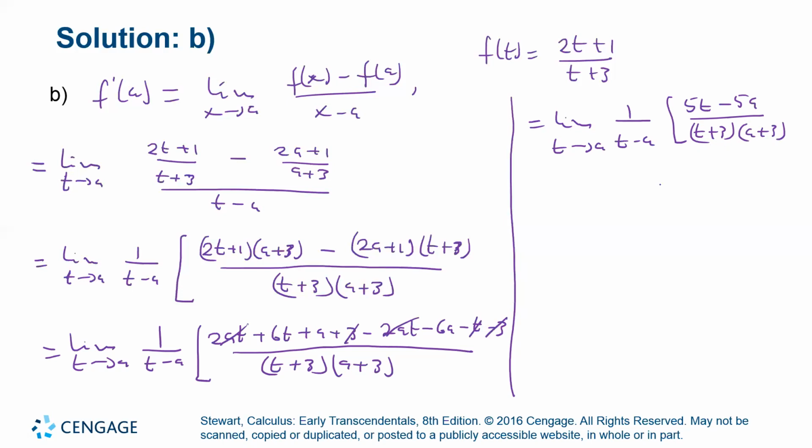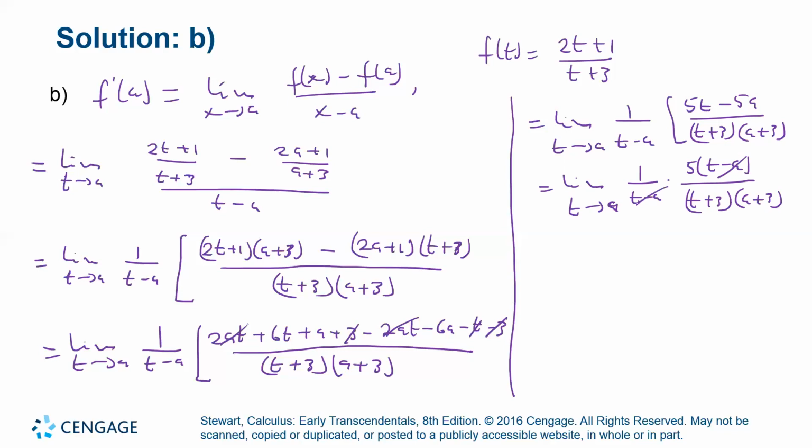Okay. Now let's factor 5 out. So that's the limit t goes toward a, then 1 over t minus a times, factor 5 out, we have just (t minus a) divided by (t plus 3) times (a plus 3).